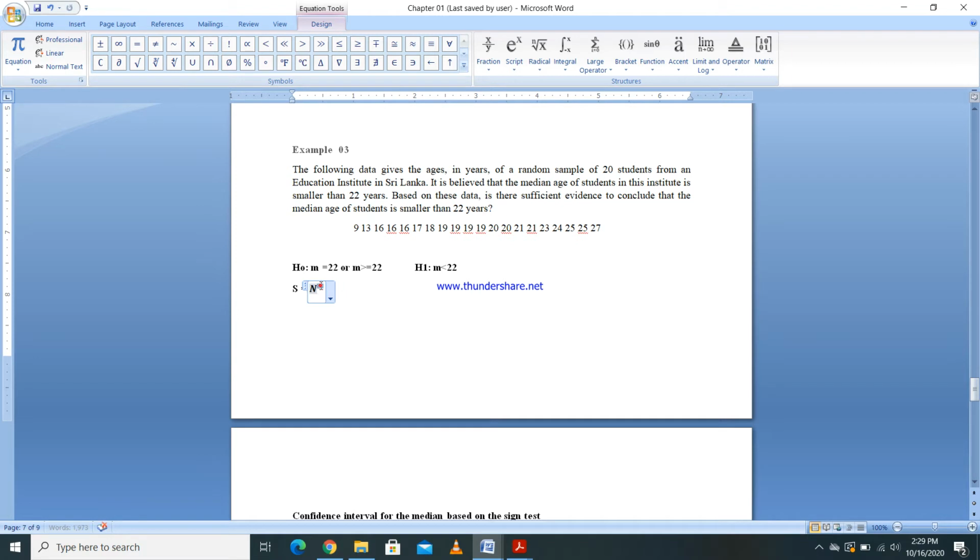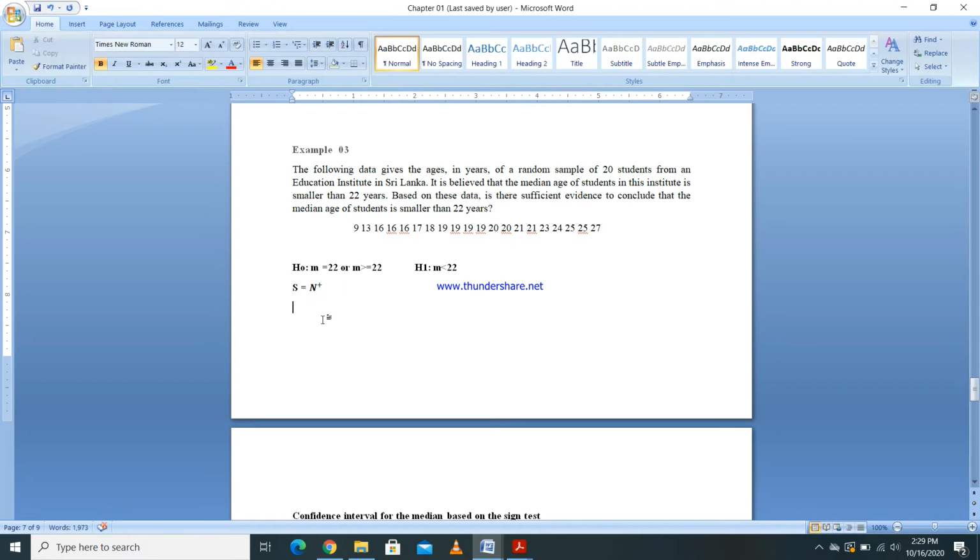Sorry, that would be N plus, in other words, the number of positive differences in your sample. When you take the sample, you can see we cannot find any value which is equal to 22. That is, when you take the differences, none of the differences will result as 0. So you don't have to omit any observations. You can count the number of positive differences.